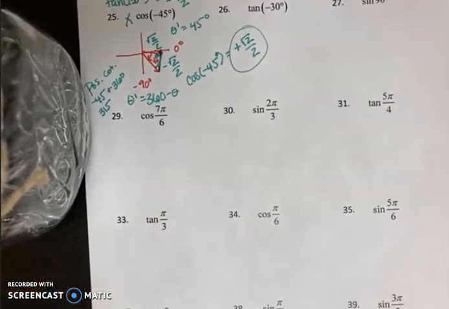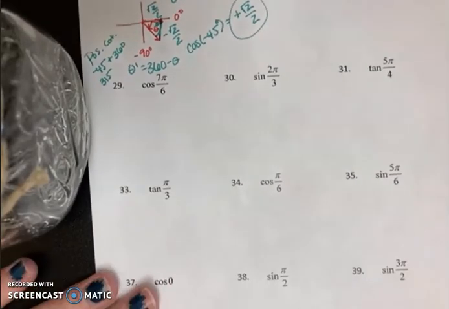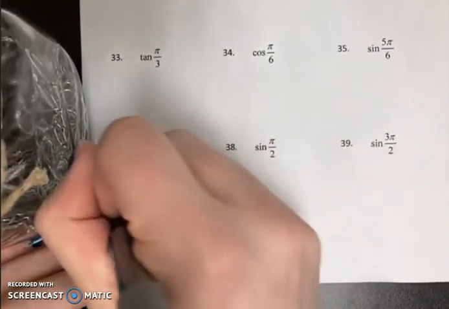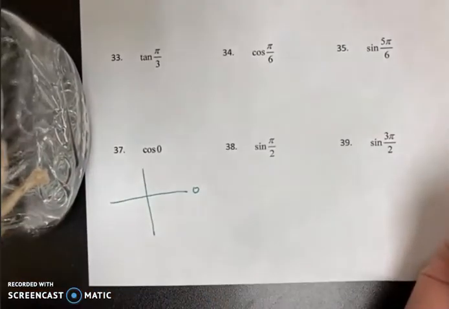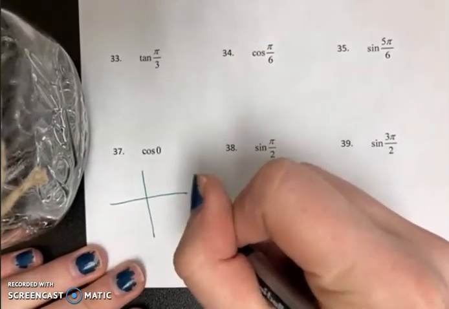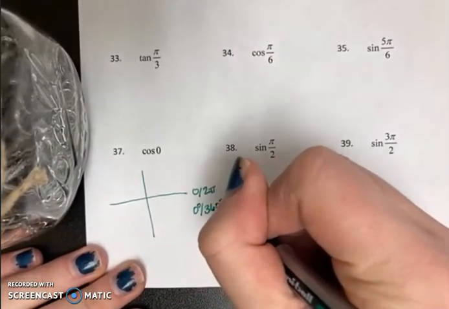All right, I'll do another one with you. Why don't we take a look at 37? So 37 is a cosine of 0. Well, here's 0 right here. That's 0 or 2 pi, or 0 degrees, 360, however you want to think about it.